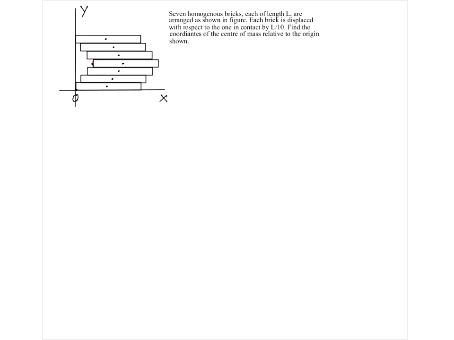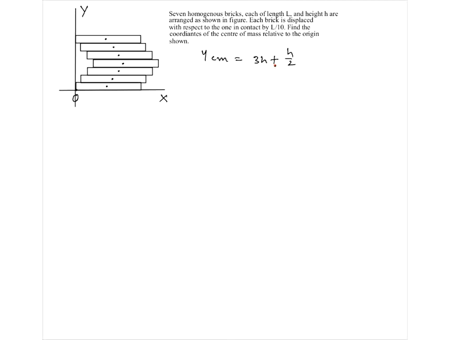Let me say that each is of length L and height H. Yes, now we can answer that YCM should be H plus H plus H plus H by 2. 3H, no, 3H plus H by 2. Now that's the common sense approach.